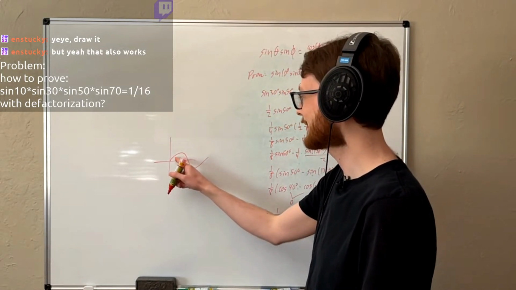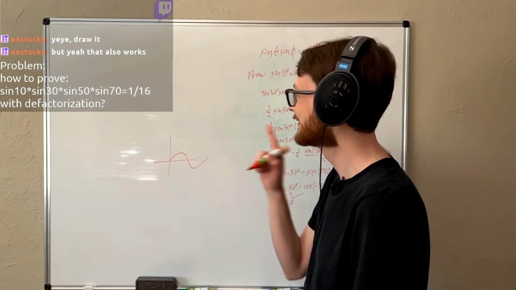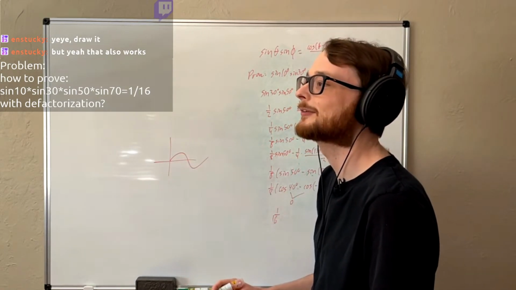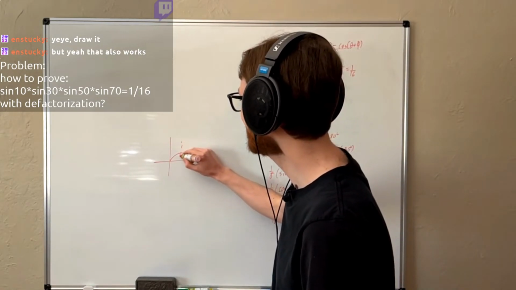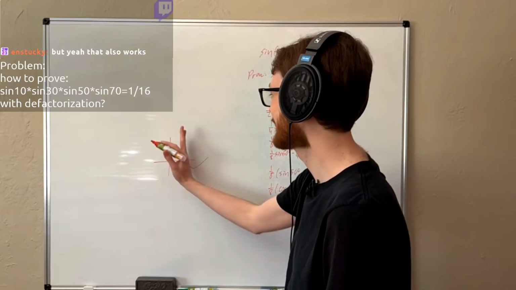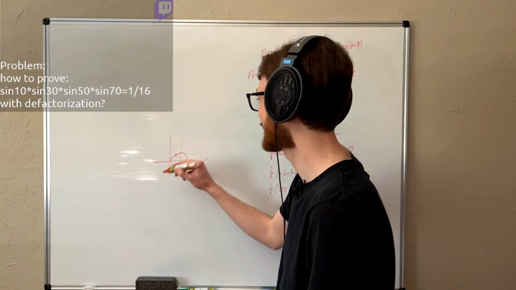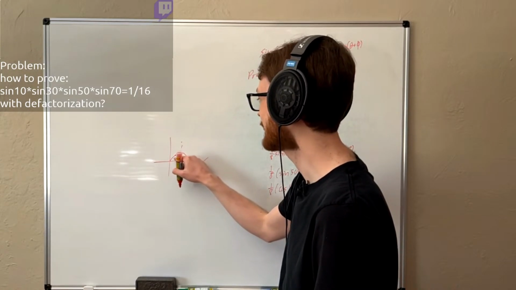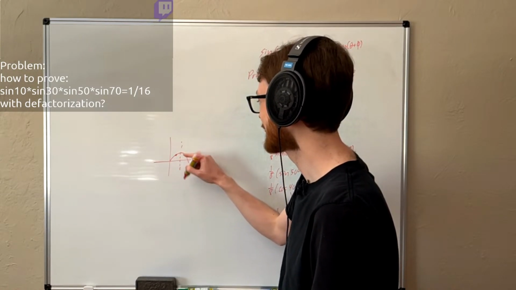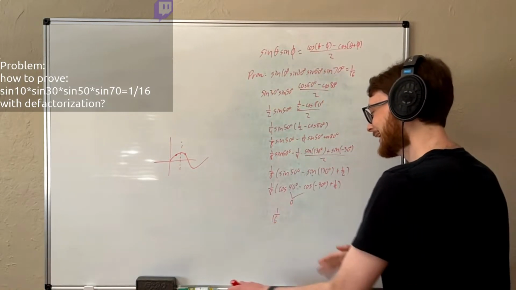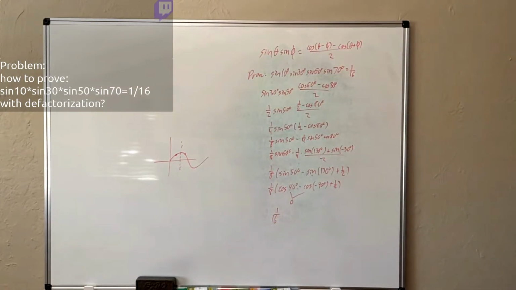Sine 50 would be around... Oh, they're each 40 away from 90 degrees. I get it. If 90 degrees is right there, you use the symmetry of sine: 50 is 40 before 90, and the other one is 40 after 90. Okay, that's fair. I got to it a roundabout way, but I get it.